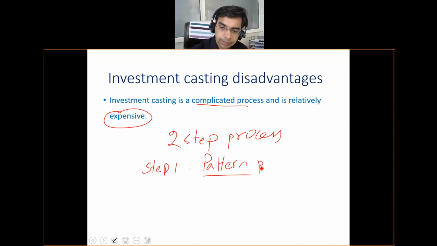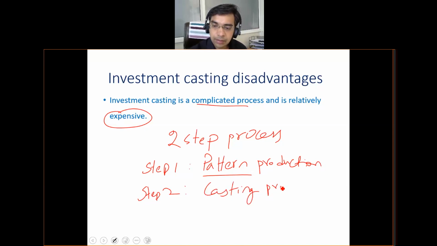So step one is pattern production, and step two is the casting process. Because of these two steps, the process becomes complicated, and at the same time it is very expensive. So only in the case of products which justify picking an expensive process is this investment casting process widely used.